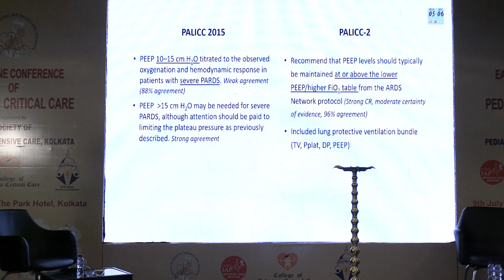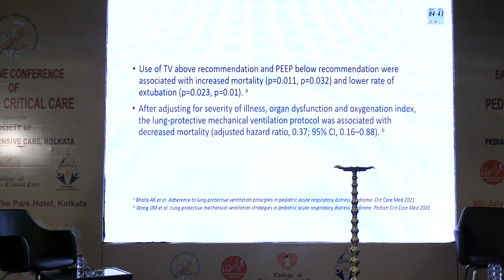We call it the FiO2 PEEP grid. There are two types of grid. One is high PEEP, low FiO2. The other is low PEEP, high FiO2. So they are recommending to use the low PEEP, high FiO2 grid for setting the PEEP in ARDS patients.